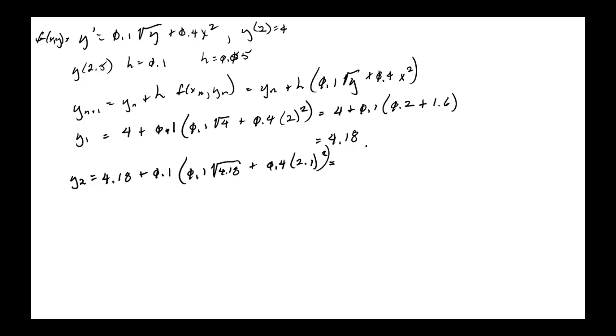Close parentheses. That's pretty close, 4.4 is close. What they get in the book is 4.3768.